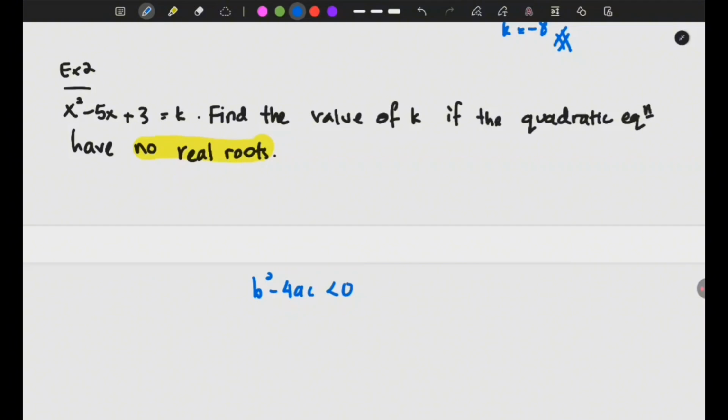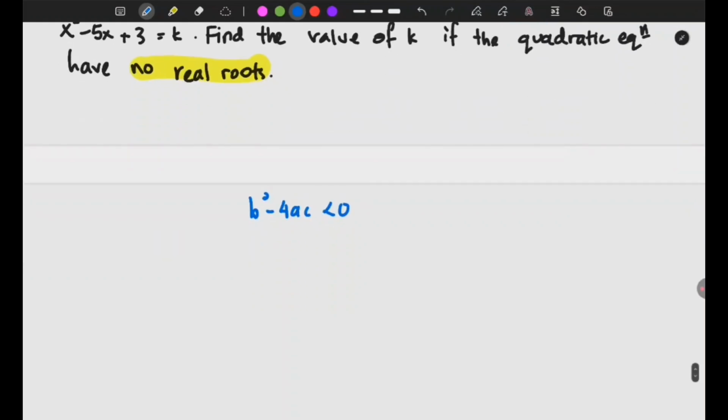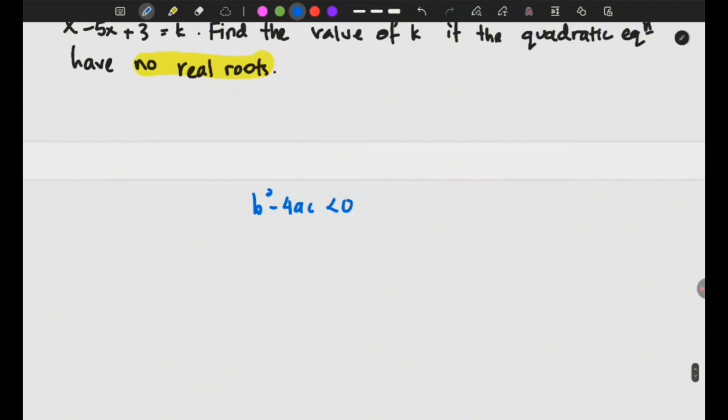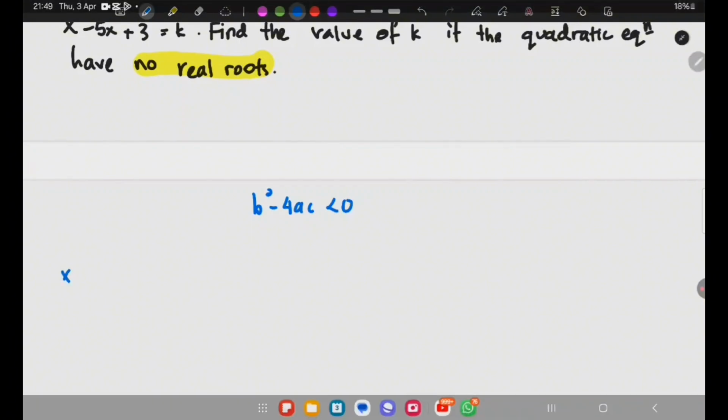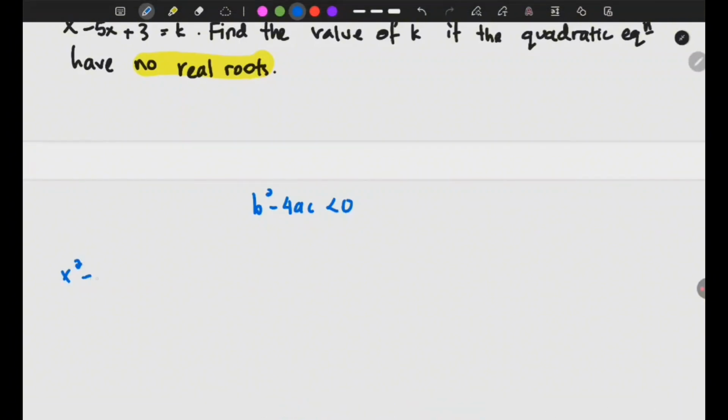And now you need to find out your a, b, and c. So they give us the quadratic equation, right? x squared minus 5x plus 3 equals k. But you realize this is not in the general form or the standard form, so you have to bring it to the standard form.